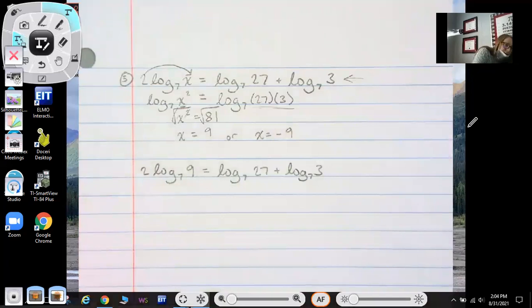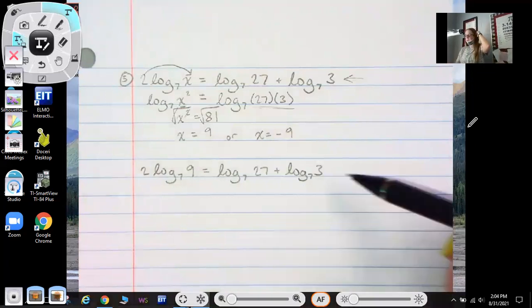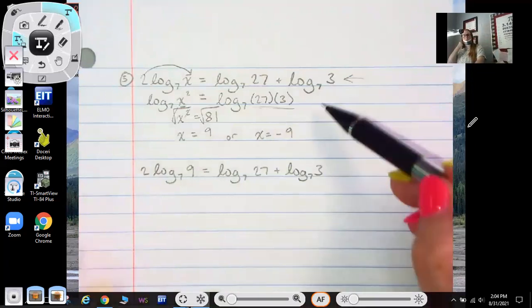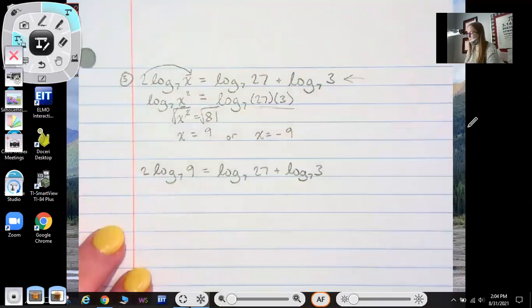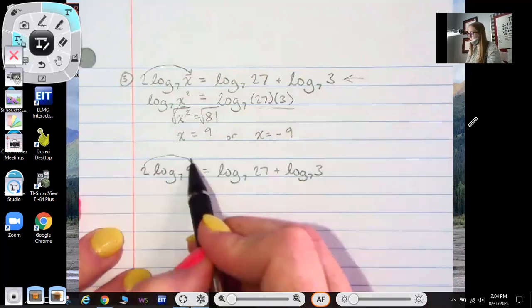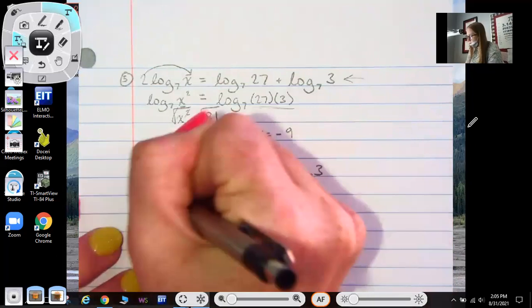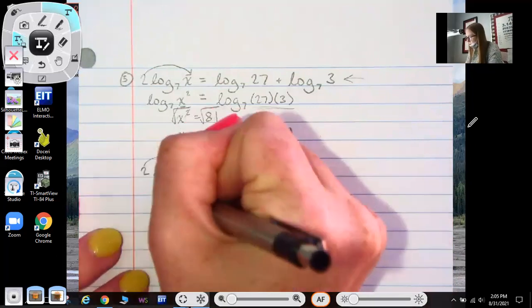We don't have any negatives where we're not supposed to have negatives in a logarithm. So the way that we can check this is to just follow the same steps that we took when we were solving. So move the 2 so that it becomes an exponent on the 9. So we get log base 7 of 9 squared.